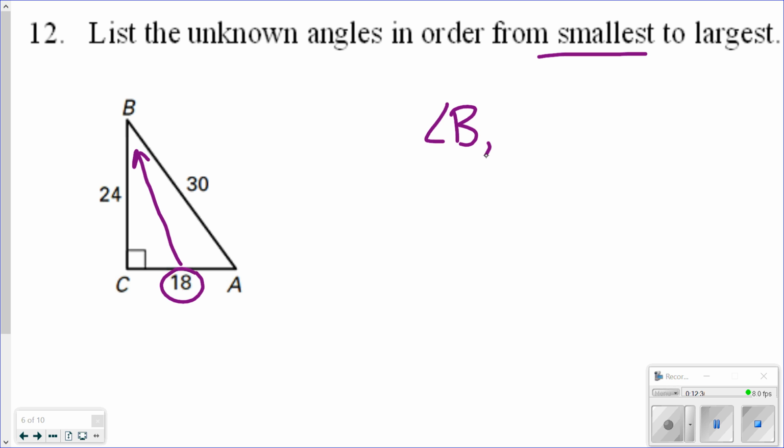Next, we need to find the medium size length side, which in this case is 24. So the opposite angle of 24 would be A. So A is our medium size angle. And then finally, our largest angle would have to be angle C, which is 90 degrees, because it's opposite of the hypotenuse, which we know is the longest side of a right triangle.